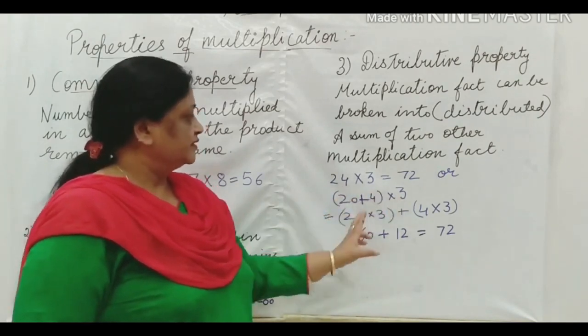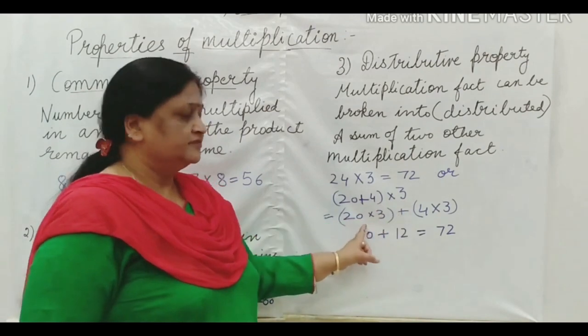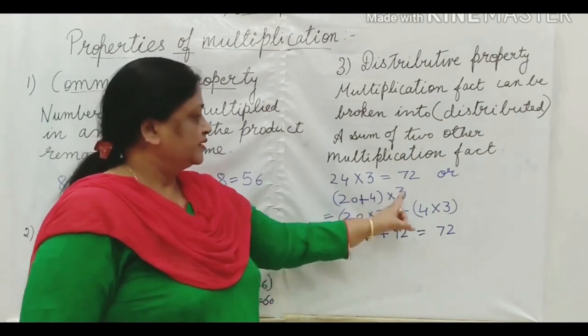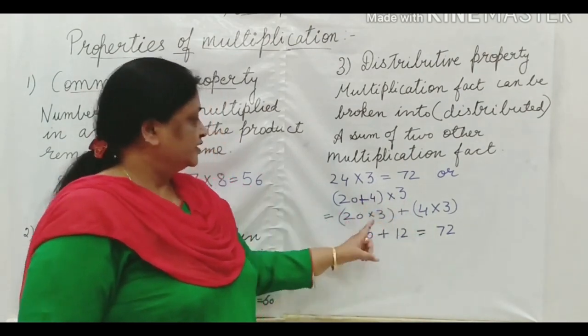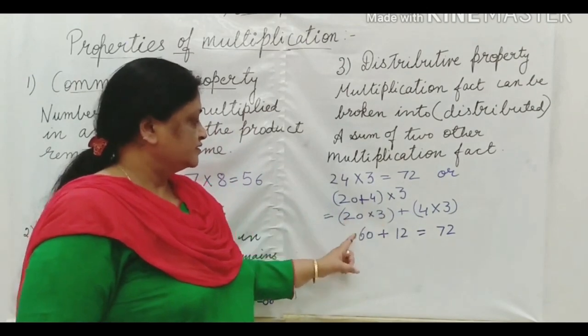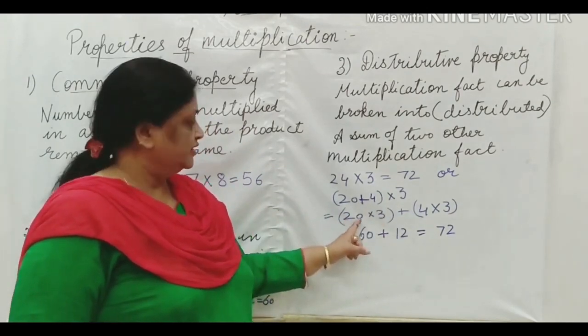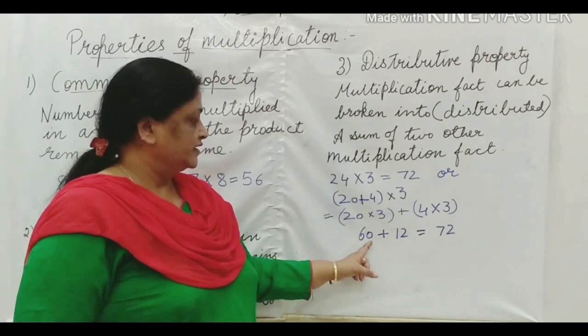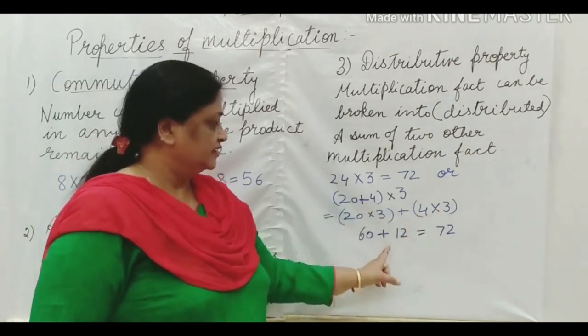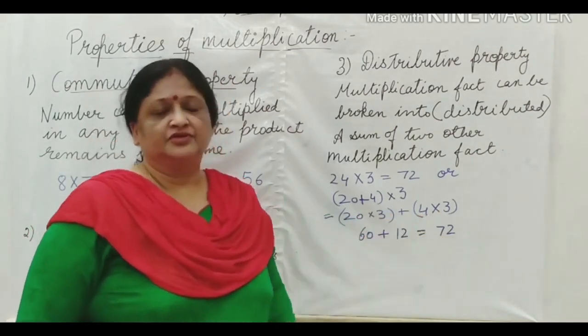Now we will multiply separately. 20 multiplied by 3 becomes very easy: 3 2s are 6, and the 0 stays 0, so 60. Plus 4 3s are 12. And again it is 72.